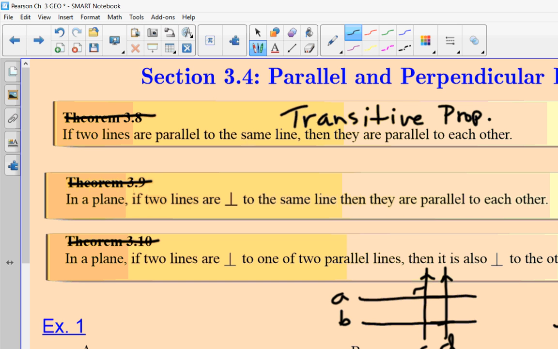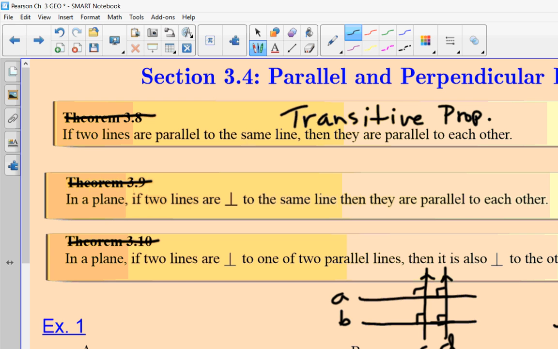If they're perpendicular to C, then it has to be perpendicular to the other line, in this case, D. Okay? So a lot of stuff going on there. I got two lines that are perpendicular to one of two parallel lines. So I said C and D were parallel. A and B were perpendicular to C. By rule, they have to be perpendicular to D also.